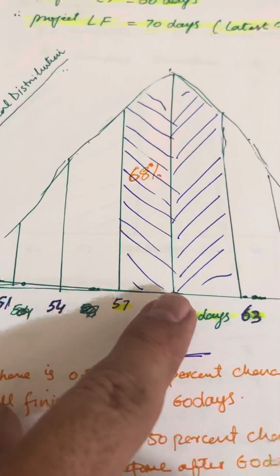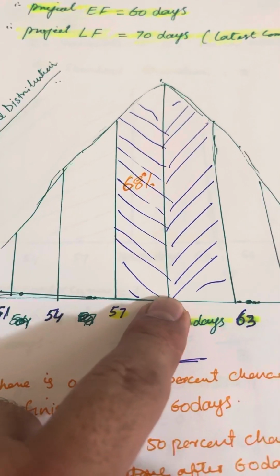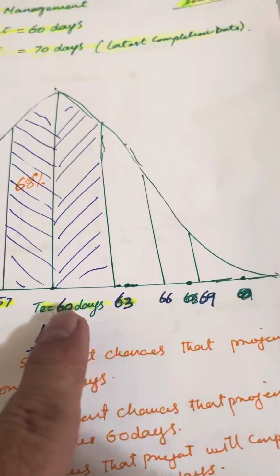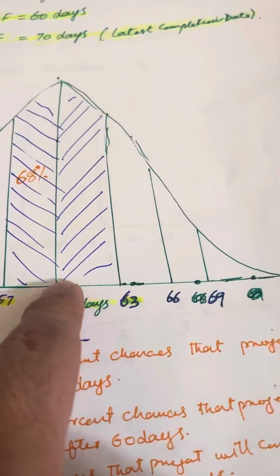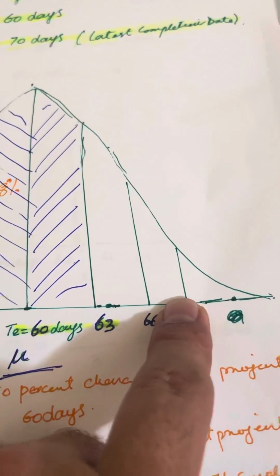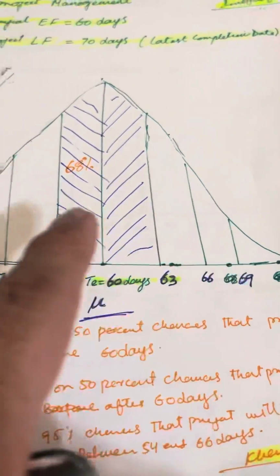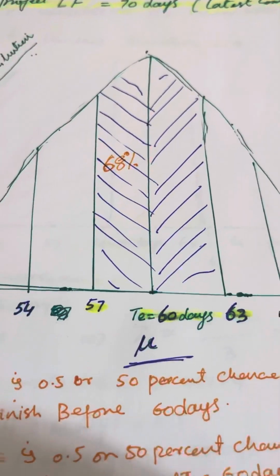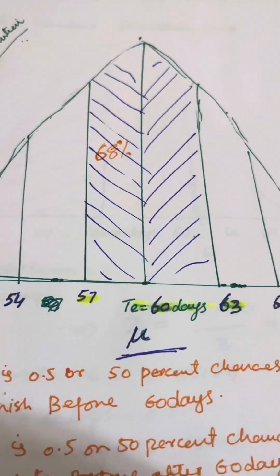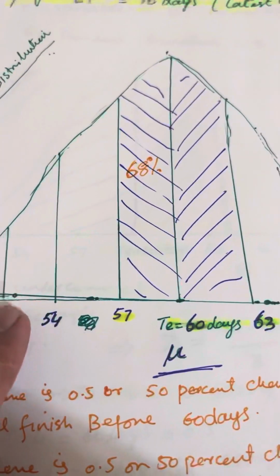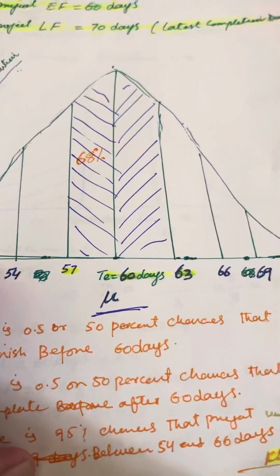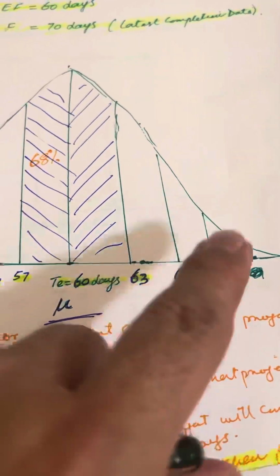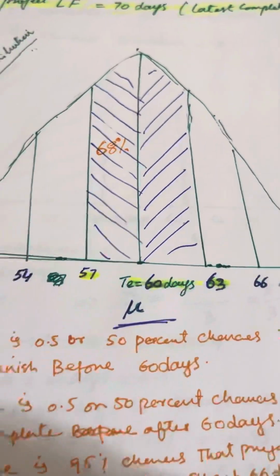And then from the mean, three standard deviations to the left, up to 51, and from the mean three standard deviations to the right, the whole of this area is 98, or 97.7, or 99%. So there is about a 99% chance that the project will be completed between 51 and 69 days, not exactly, it's a chance.